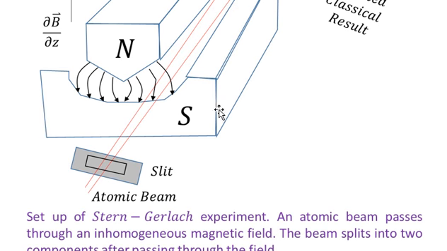This is the atomic beam of silver atoms or hydrogen atoms generated in an atomic furnace, and a collimated beam was generated using many slits. One of the last slits is shown over here. After this slit, the diameter of the atomic beam is nearly constant.